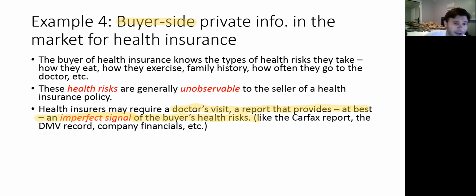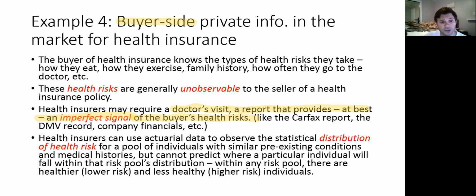That being said, the health insurers, like the car insurers, like the used car buyers, are not completely blind here. They are able to observe the statistical distribution of the health risk for a pool of individuals with similar pre-existing conditions and medical histories. We can observe that bell-shaped distribution.